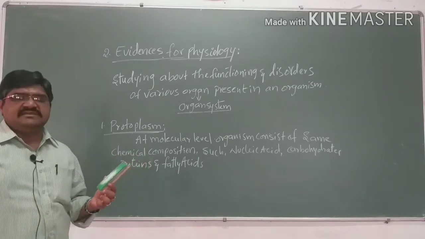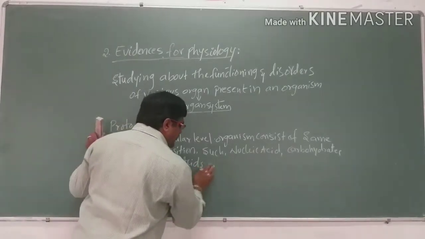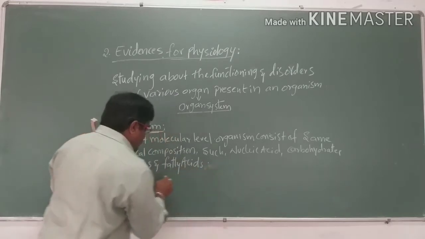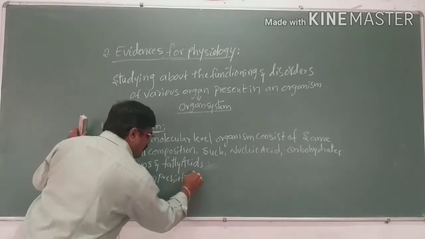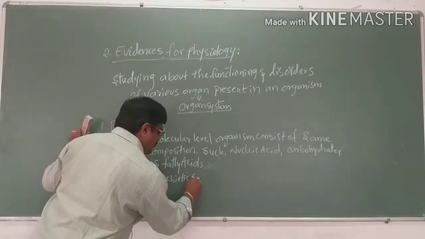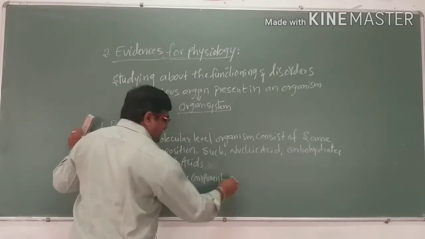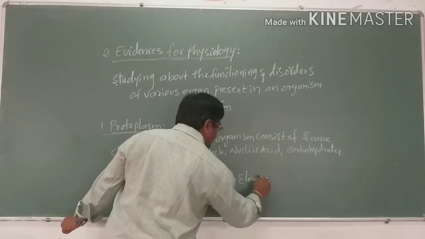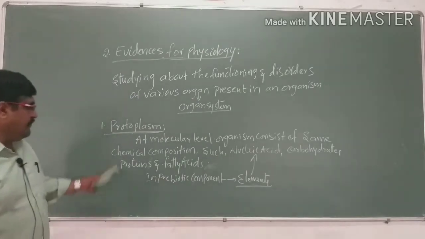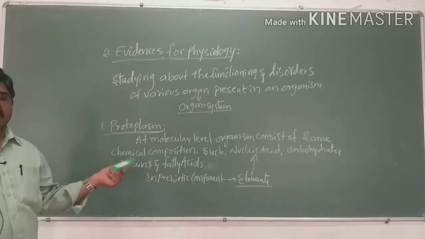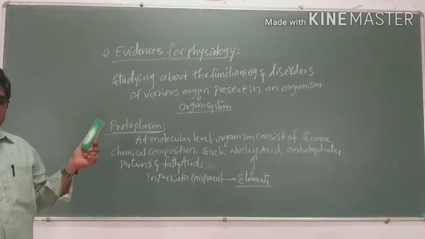The same chemical composition means a prebiotic component. In the prebiotic component, what elements are present? The same elements are present in the protoplasm, such as nucleic acids, DNA, carbohydrates, that is sugars, amino acids, hippuric acid, or urea.